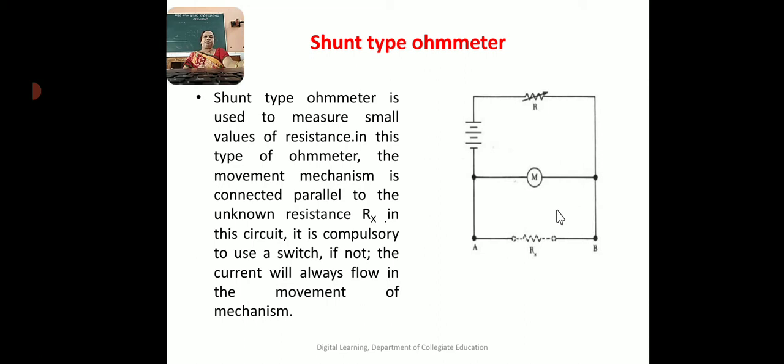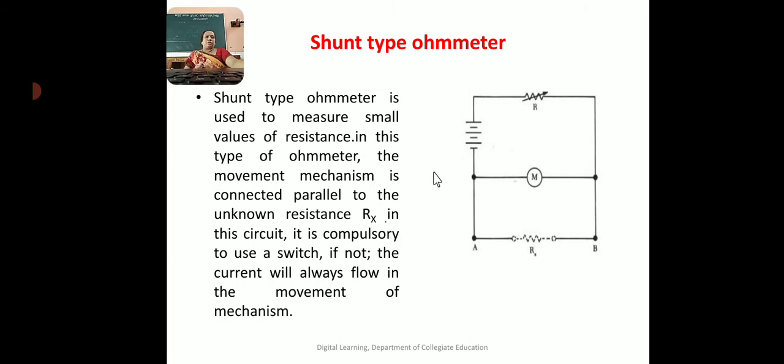Next is the shunt type ohmmeter. This is the basic circuit diagram of a shunt type ohmmeter. The shunt type ohmmeter is used to measure small value resistance.